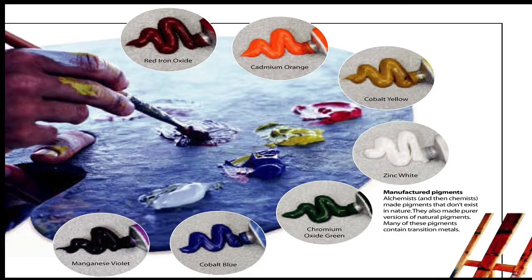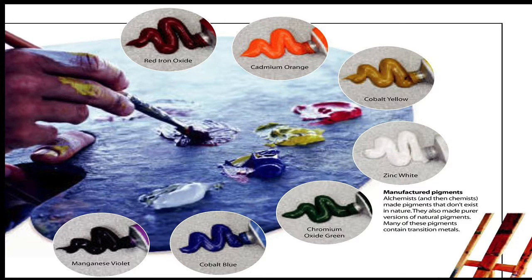And here on the next slide, we have red iron oxide, cadmium orange, cobalt yellow, zinc white, chromium oxide green, cobalt blue, and manganese violet. Manufactured pigments: alchemists and other chemists made pigments that don't exist in nature.